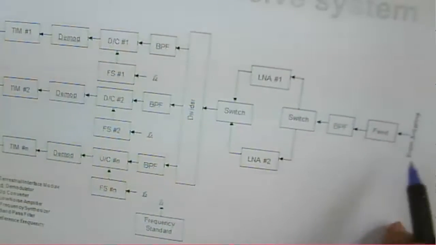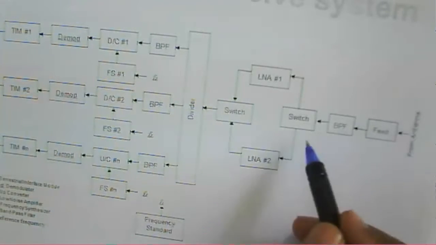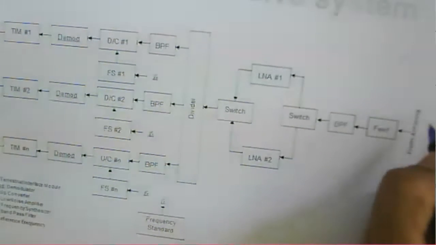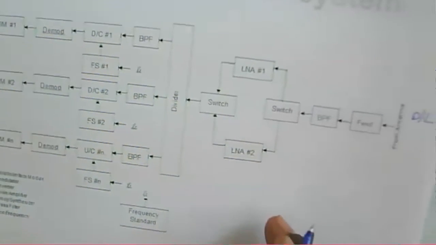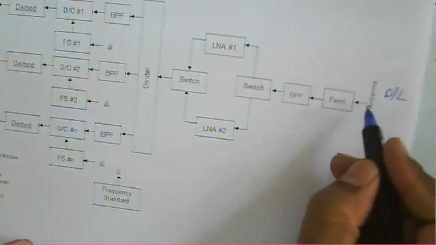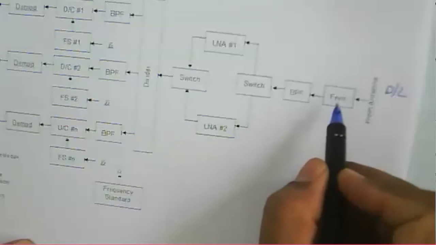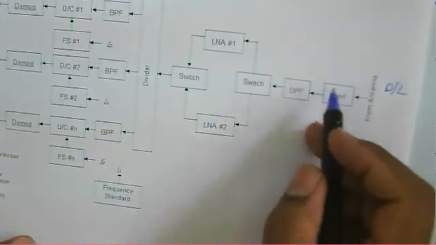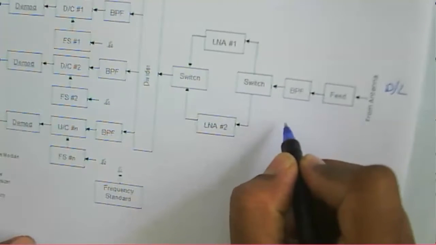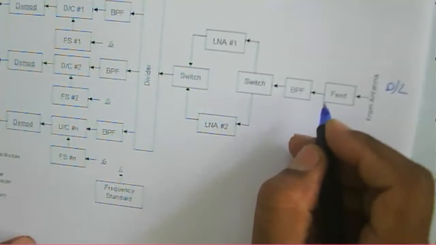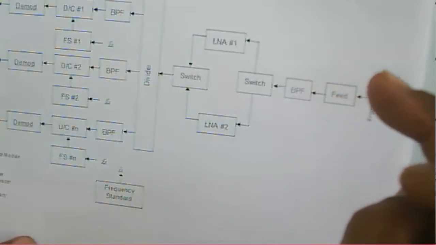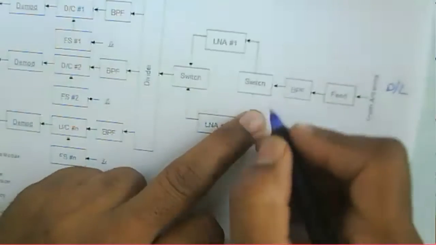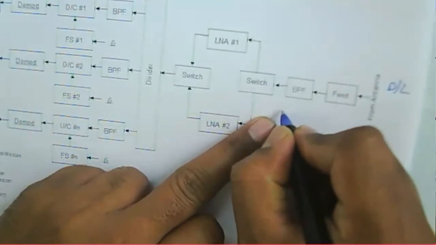The signal comes from this antenna, that is, a downlink signal from the satellite that will be received by the antenna, and that signal will be passed through this noise rejection filter.